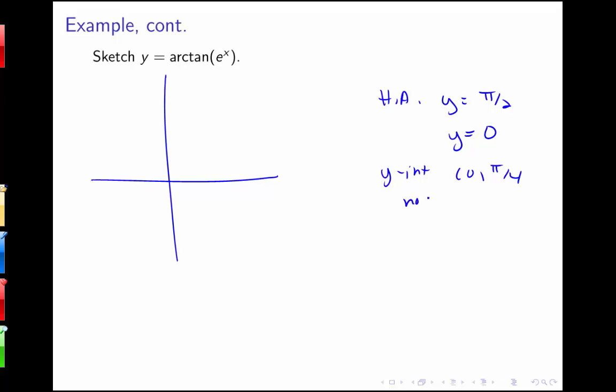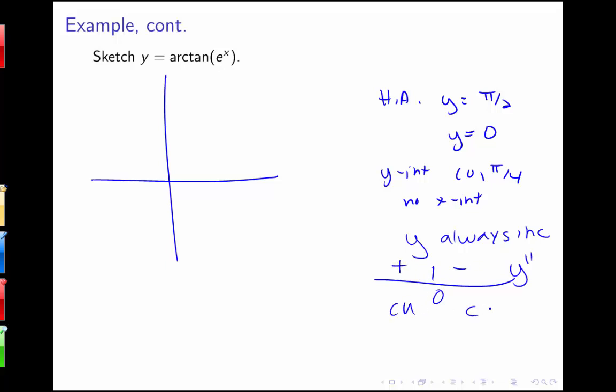We had no x-intercepts, which makes sense with our horizontal asymptote, although we know it's possible to cross a horizontal asymptote away from the ends of the x-axis. But we do have no x-intercept. We know that we're always increasing.